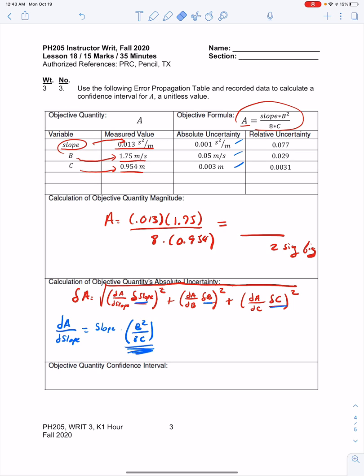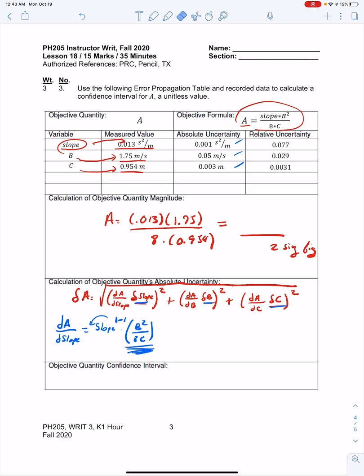In this situation, since the slope is to the power of 1, when you're doing the power rule, it goes power 1 minus 1, bringing the 1 down, and this goes to slope to the 0, and slope to the 0 always goes to 1. Remember that. Anything that is to the 0 always goes to 1.